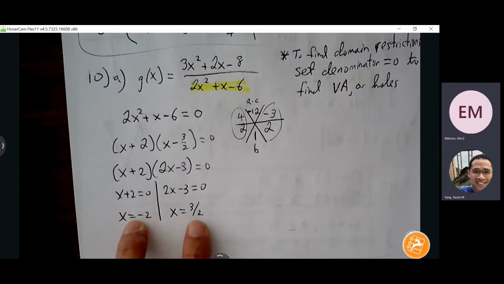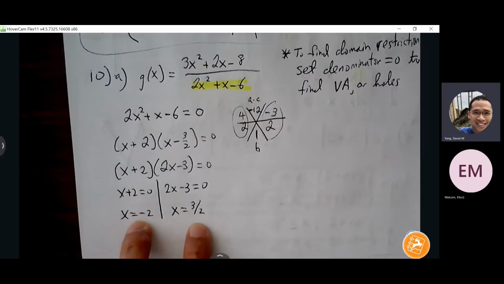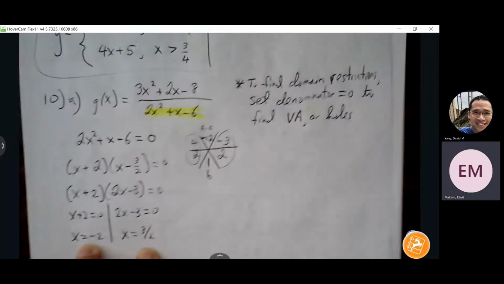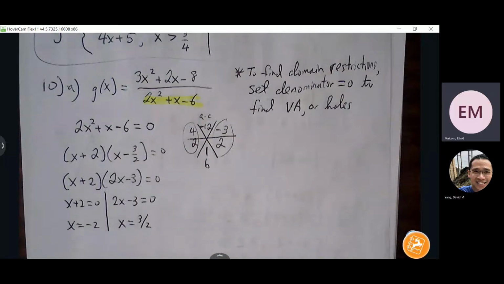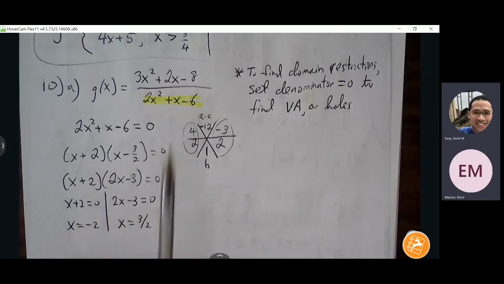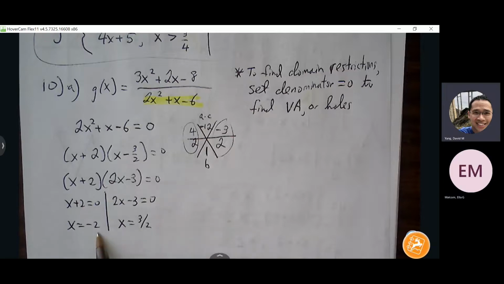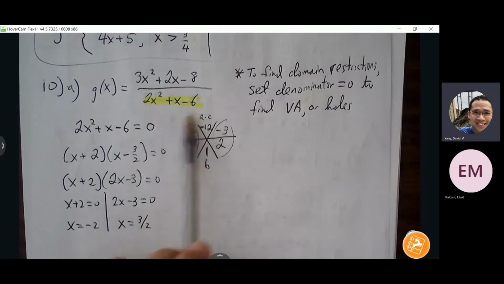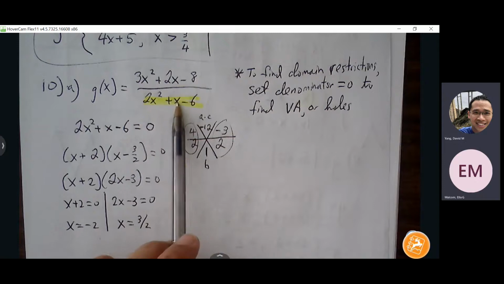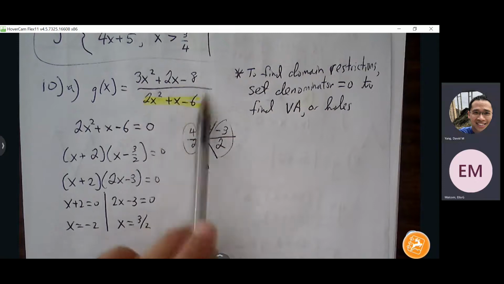Because there are visual breaks at these values. So anytime you have two x values, you can't use them? Or anytime I have any x values in the denominator, I can't use it. Oh. Because if I were to insert -2 into my denominator, I'm going to get 0 overall.